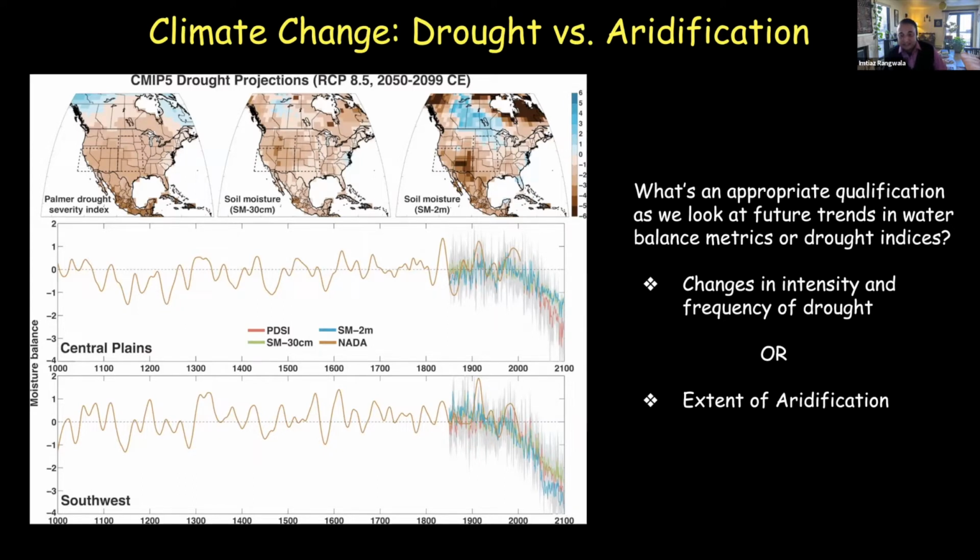Are these changes in intensity or frequency of drought, or should we say the region is becoming more arid, and the extent of aridification happening in the region should be quantified? This is an existing tension, and it's important that we use these terms correctly. As the climate normal is changing, how do we talk about drought? Because drought essentially is a deviation from the normal.